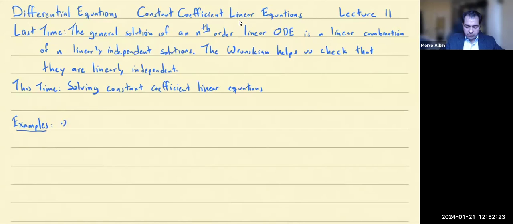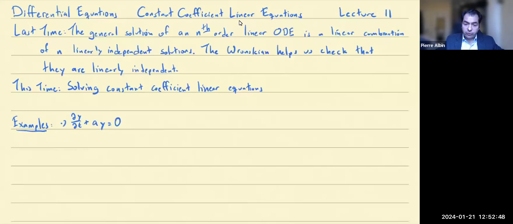Okay, so the simplest example would be a linear equation of order 1 with constant coefficients. So constant coefficients is just saying that this, which is generally some coefficient function, is a constant. And we're going to be working with homogeneous equations all of this lecture.